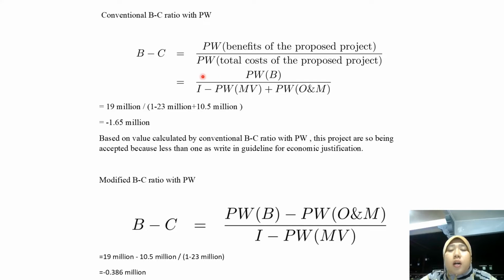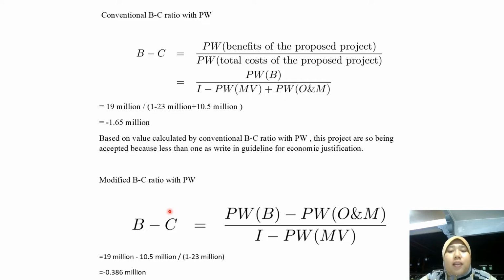Just put them into the equation and we get negative 1.65 million. Based on the value calculated by the conventional BC ratio with PW, this project is not accepted because it is less than 1, which is the guideline for economic justification. I'm so sorry for the typo.